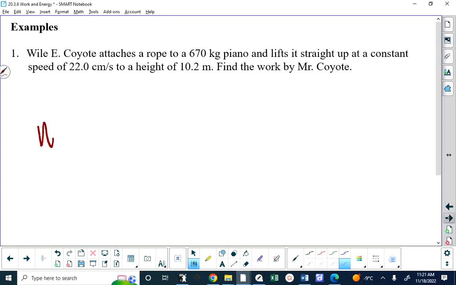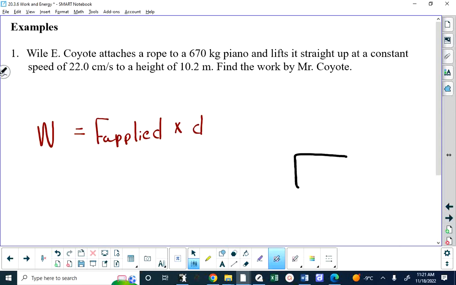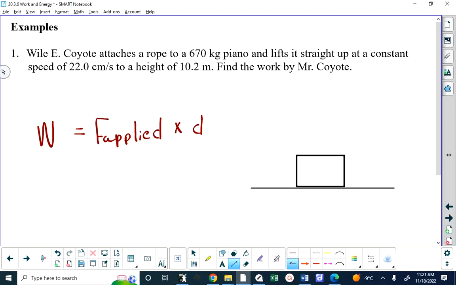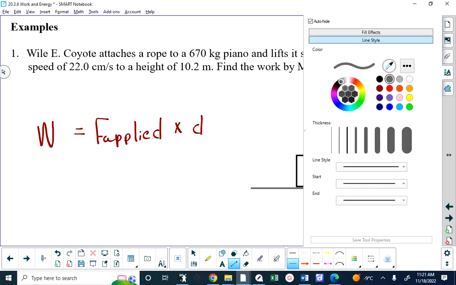Well, work equals the applied force times the displacement in the direction of the applied force. Here's our piano. Here's the floor or the ground. This is a rope.